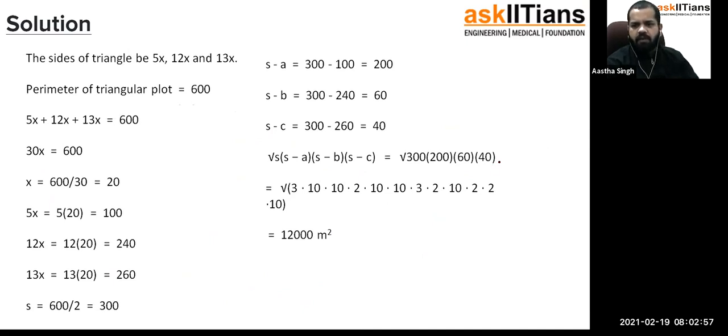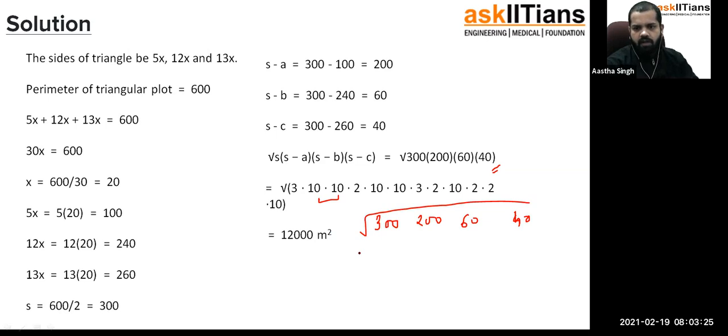Just either calculate it and find the under root, or just break it into its factors, right? I'm writing the value under root of it, 300 into 200 into 60 into 40. I'm just breaking these so that all come out from the under root in pairs, right?